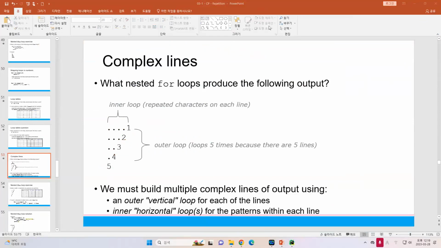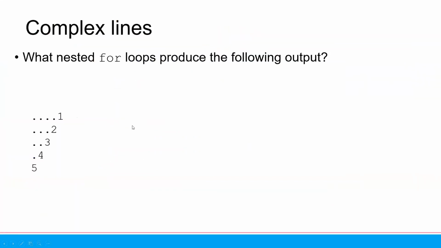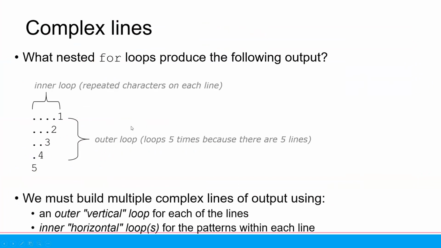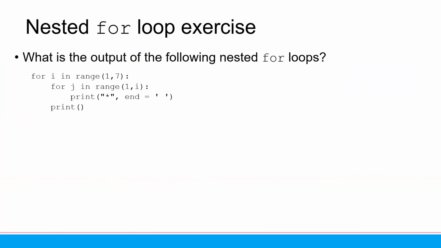So how can we create this one? So we need to understand the same idea as when we create this one. When we create this one, we start from the small to big.